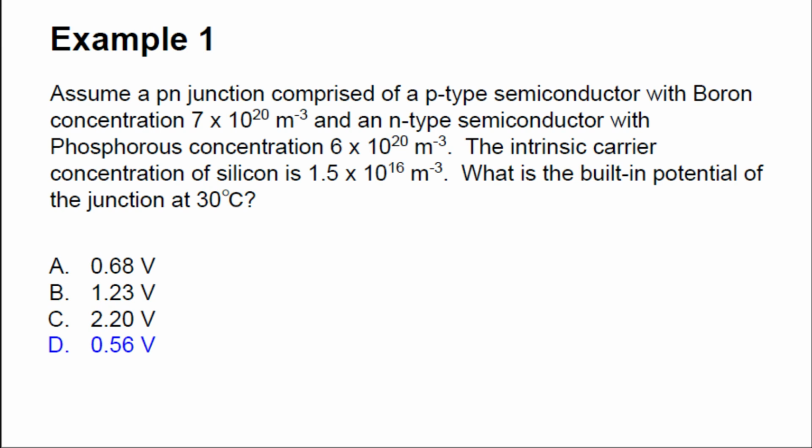Assume a PN junction comprised of a p-type semiconductor with boron concentration 7 times 10 to the 20th atoms per meter cubed, and an N-type semiconductor with phosphorus concentration 6 times 10 to the 20th atoms per meter cubed. The intrinsic carrier concentration, that's our Ni, of silicon is 1.5 times 10 to the 16 carriers per meter cubed. What is the built-in potential of the junction at 30 degrees Celsius?